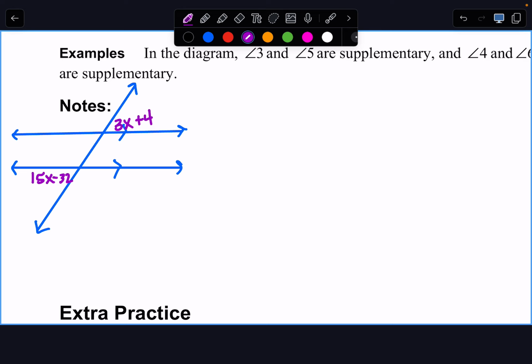And Aaron, what do we know about alternate exterior angles and their measure? They are congruent. So what do you suppose we should do? You guys couldn't even wait for me to ask my question. 3x plus 4 needs to equal 15x minus 32. X equals what? 3.